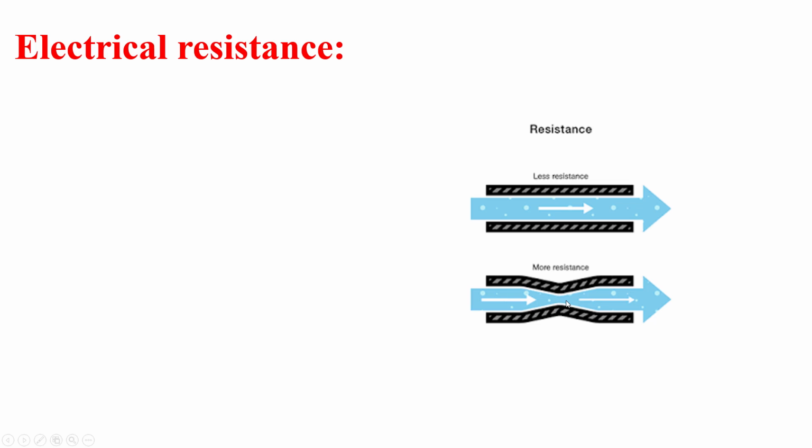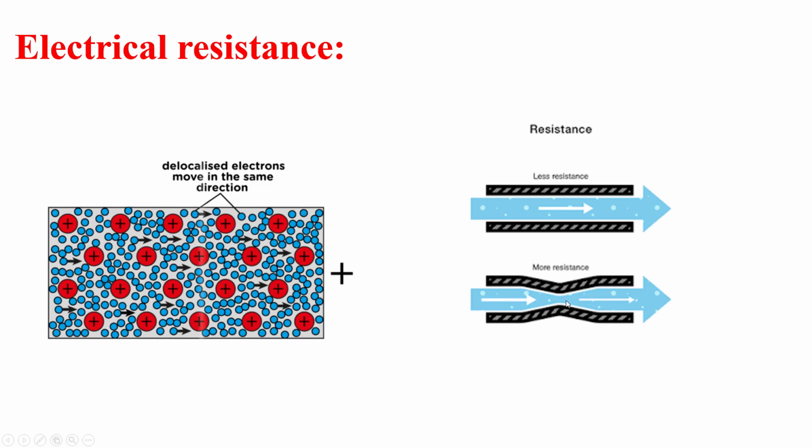In the same way, consider a conductor or wire as a pipe, and the flow of electric current as the flow of water. We know that inside the conductor atoms are present.